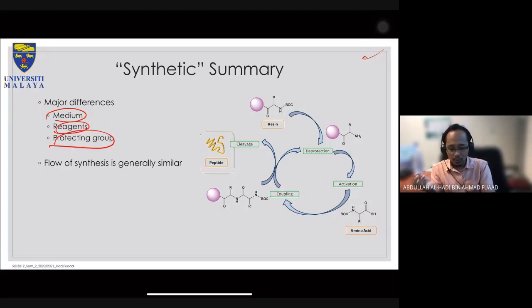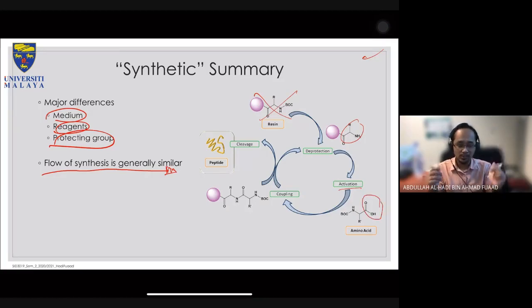But the flow of the synthesis on the right-hand side is similar. Either you have a resin or not, depending on solution or solid phase. Once you have your amino acid, first you activate it so that the reaction can proceed as quickly as possible.